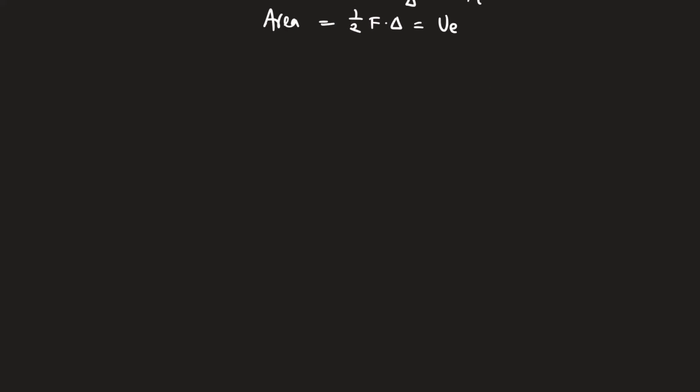So I can write that my external work is equal to the integral from big delta through to 0 of my force multiplied by d delta. Now my force is a function of my displacement, and the constant of proportionality is the stiffness.